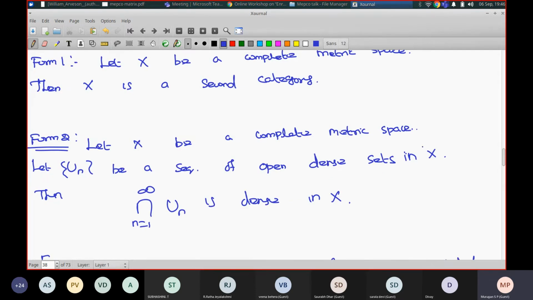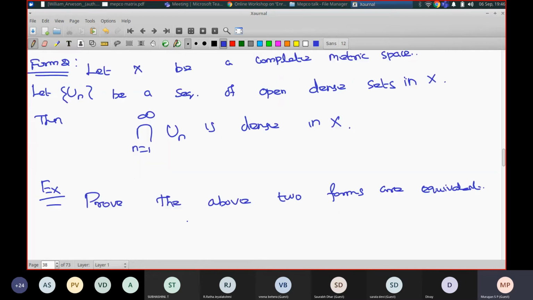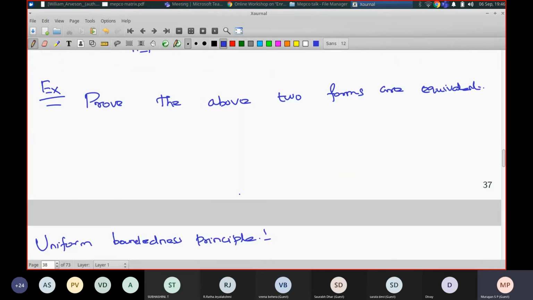Form 2: let X be a complete metric space, and let Un be a sequence of open dense sets in X. Then the intersection of Un, n equal to 1 to infinity, is dense in X. Prove that the above two forms are equivalent. You have to check yourself. It is a very easy exercise, and you can also find it in topology books such as Bourbaki.